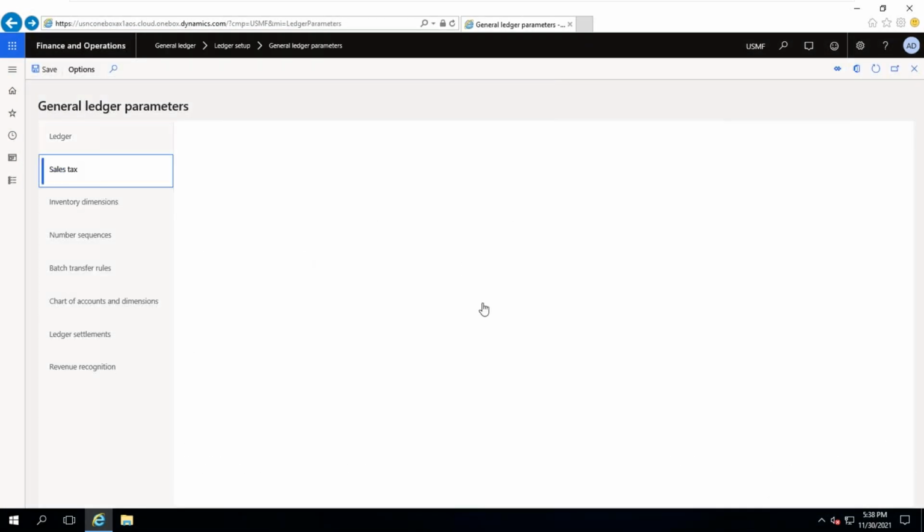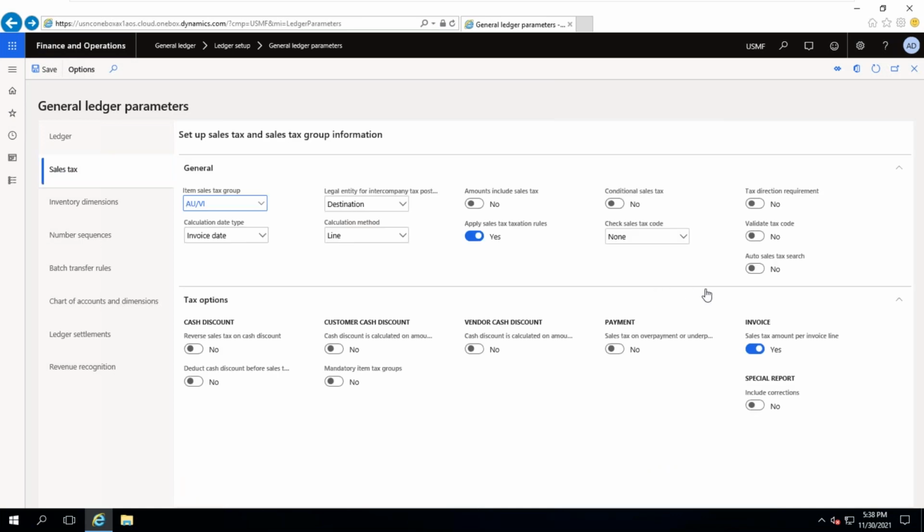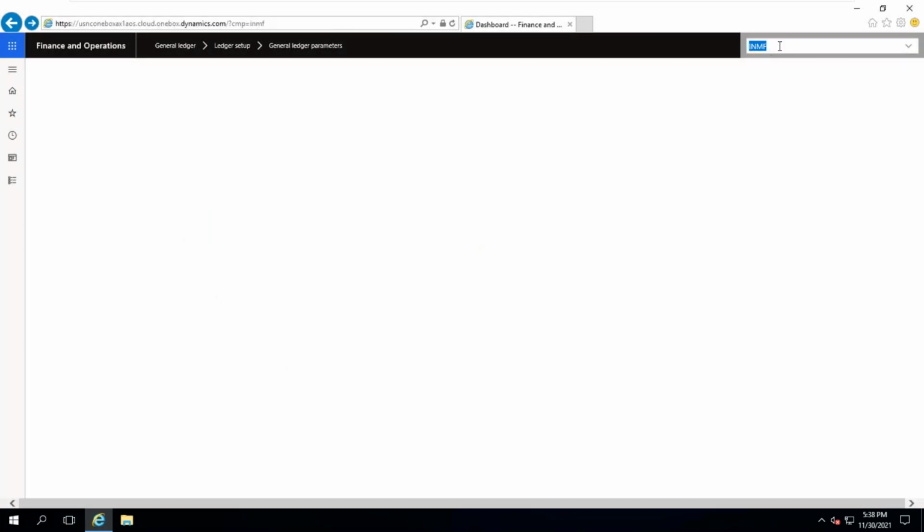Sales tax. Here it is showing nothing, but if I change it to INMF, because that is India based taxation localization, this is India based localization.